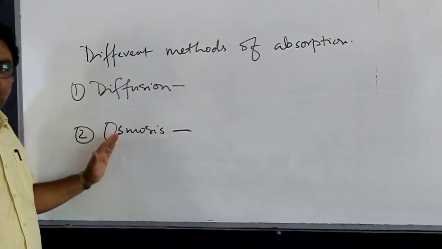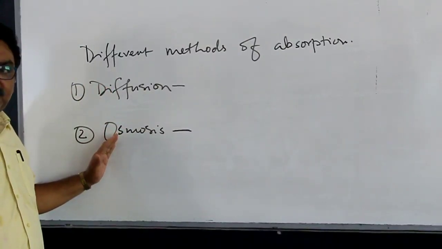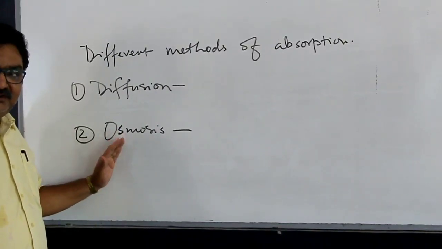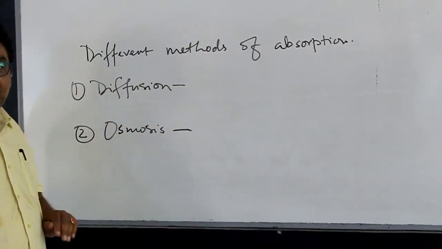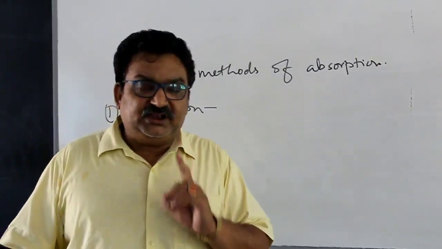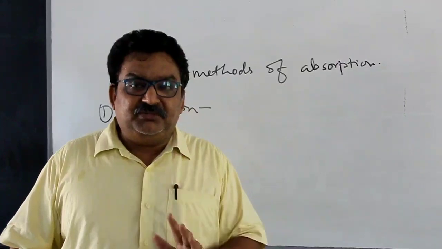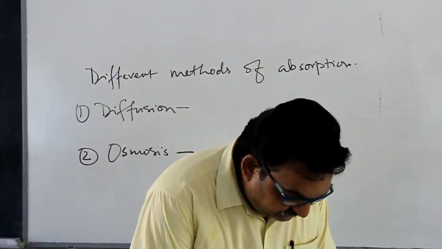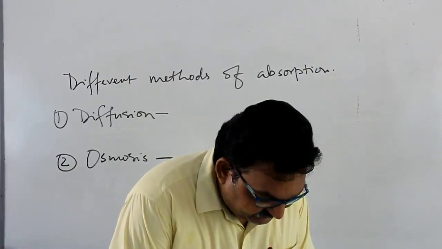That is, here also you have the movement of molecules or ions from a region of higher concentration to a region of lower concentration, but it has to pass through a semi-permeable membrane only. So this is what is called osmosis. Right?